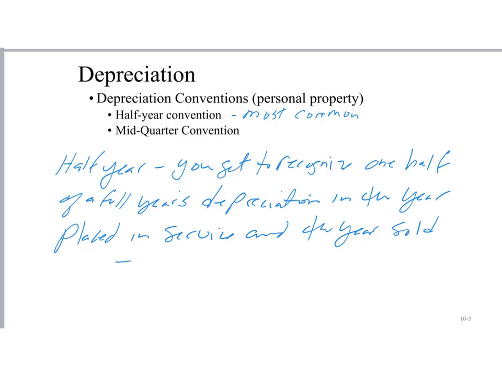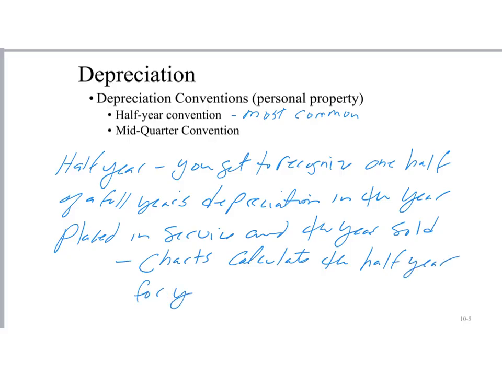The cool thing is your charts calculate the half year for you in year 1. Okay, so that's pretty cool. And for the tax return project, you need to select the correct convention, but you don't have to worry about manipulating that half year. I'll show you an example as we roll through, and that should help.